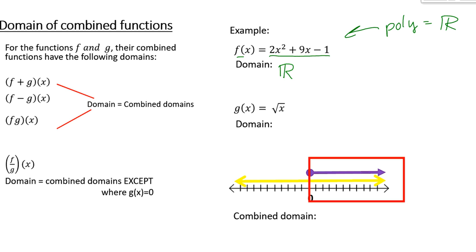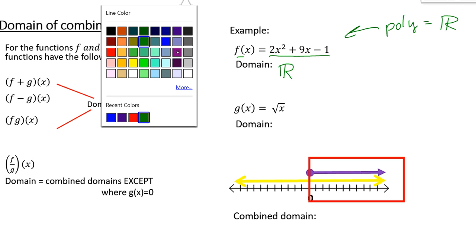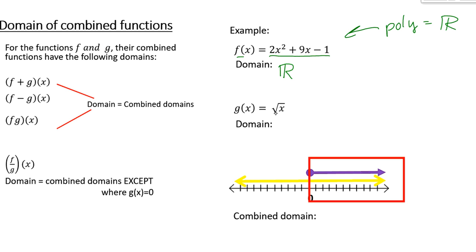Now for this one down here, this is a square root, an even index root, so what's underneath has to be greater than or equal to 0. So your domain is x greater than or equal to 0, or from 0 to infinity, including 0.